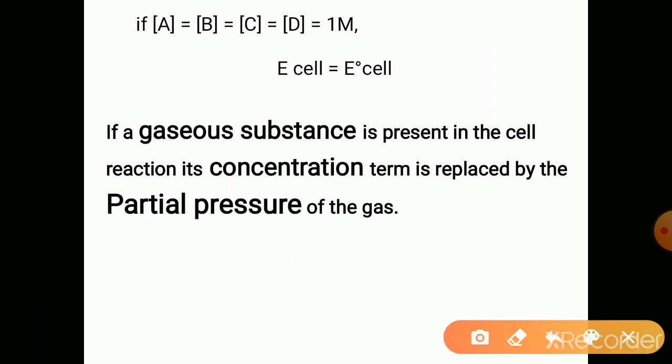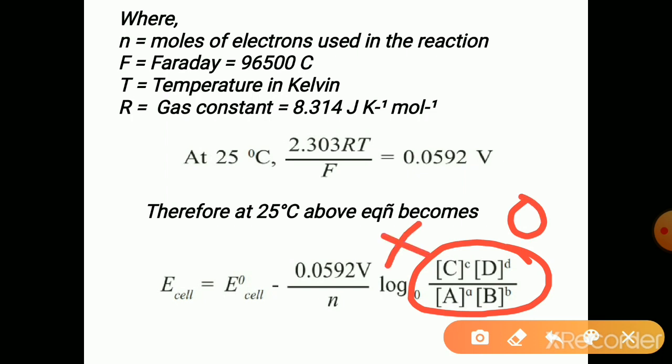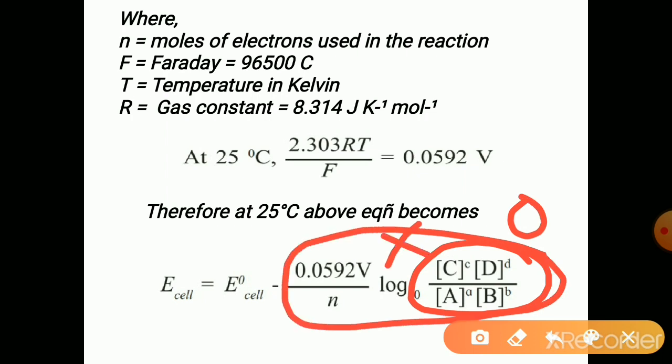Here, if the concentration of all species is unity, 1 molar, what will this become? Log of 1, and log of 1 is 0. If log of 1 is 0, then this term is multiplied by 0, so the total term becomes 0, and E of the cell is equal to E naught of the cell.